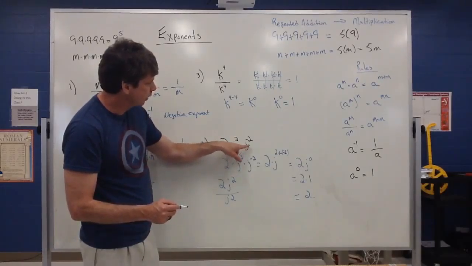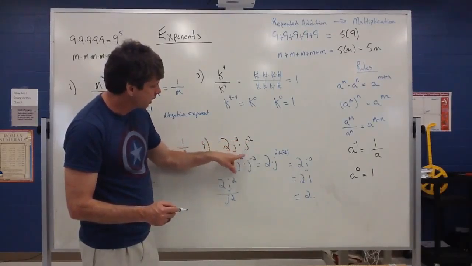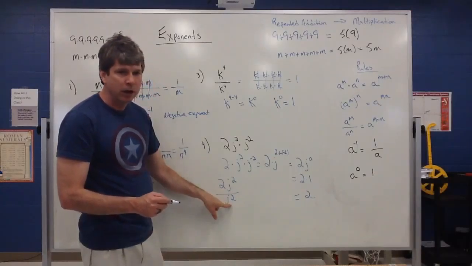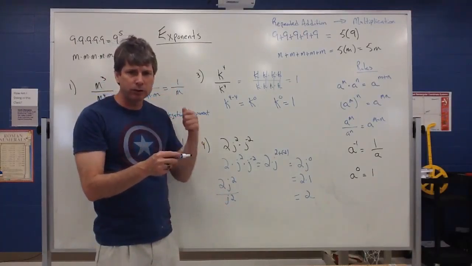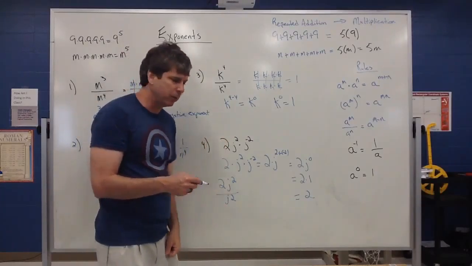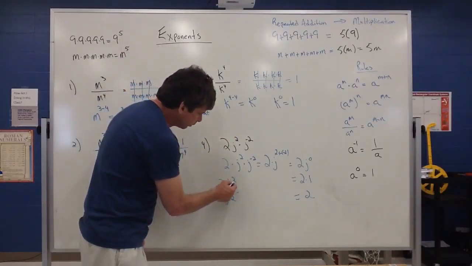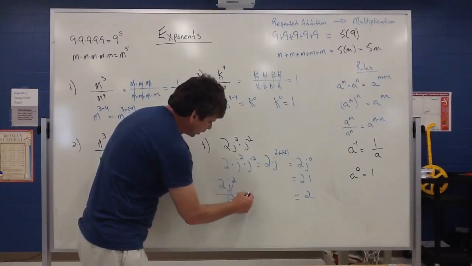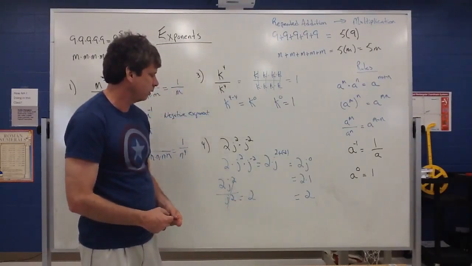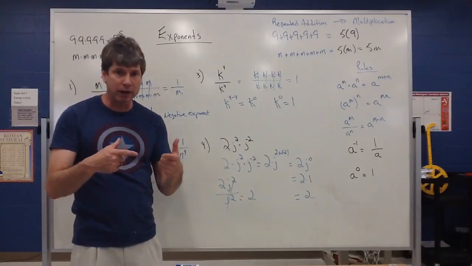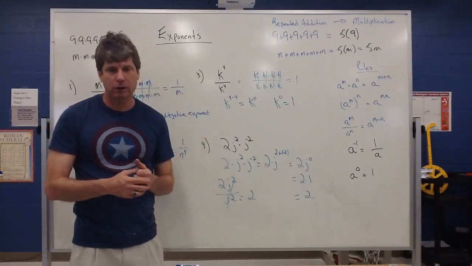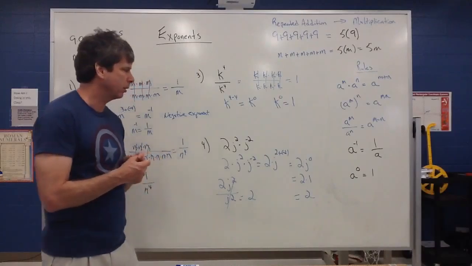But notice how this j is raised to the negative second. That j to the negative second can go to the bottom. And notice once it moves to the bottom, it's no longer negative because I performed the operation. So once I move it, it's no longer a negative exponent. And notice that these j squareds would divide out, and we end up with our answer of 2. So that's another way to look at this problem: I can get rid of negative exponents by actually moving them to the other side of the fraction bar.